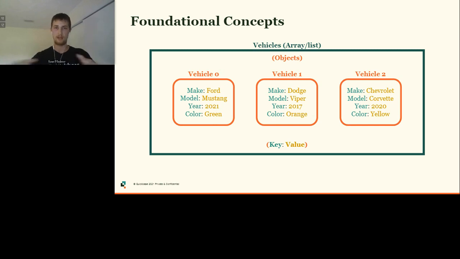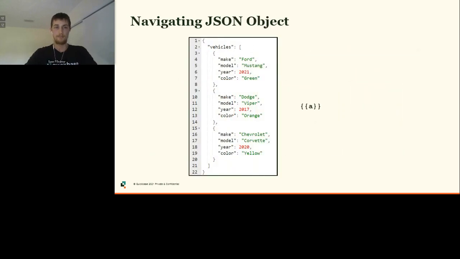Now that we've got a general overview of how the data is structured, theoretically, we're going to get into what that actually looks like in the JSON file format. Here's an example, on the left-hand side, of a JSON file of exactly what we just saw: the vehicles array with 3 different objects, each of those objects being a different car with details about them.